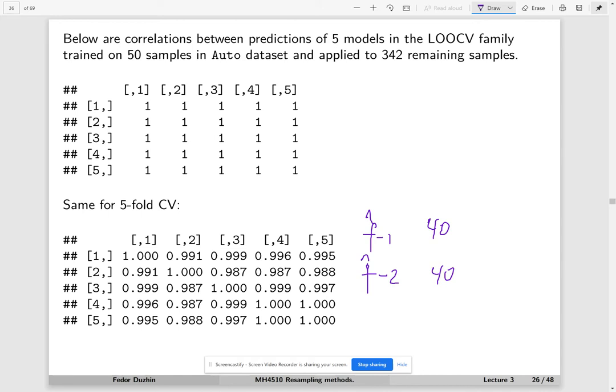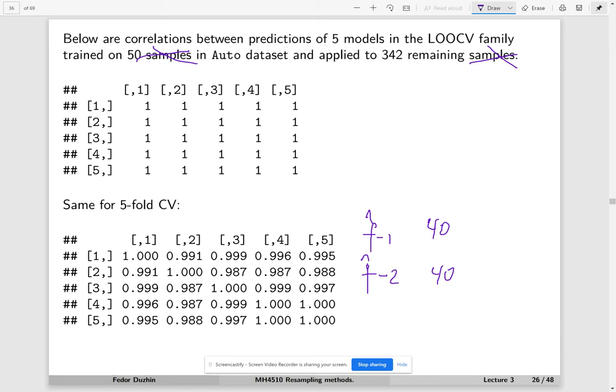So when you compare 2 models, each one is trained on 40 observations, and if you compare the training sets used to train 2 different models, their overlap is 30 observations. So they always overlap, but the overlap size is not so large. And then again, I applied them to 342 remaining observations and looked at the correlations.